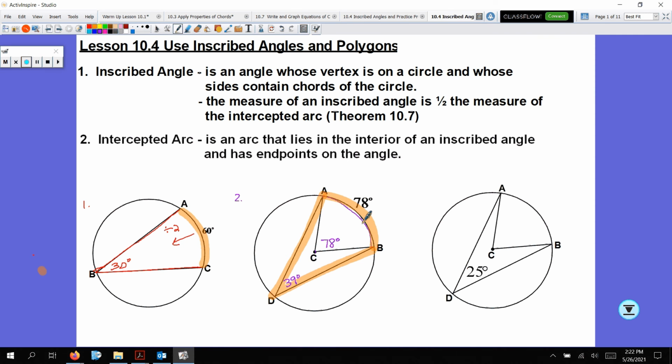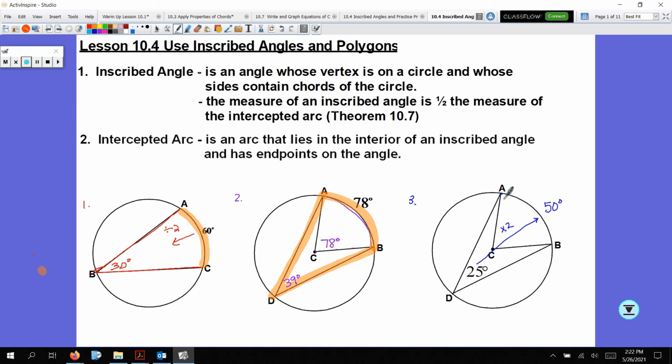So if you look at this third example I have, number 3 here. I like to change colors because I can. All right, so now I have this inscribed angle is 25. When I go out to the arc measure, I multiply by 2. Well, 2 times 25 is 50.